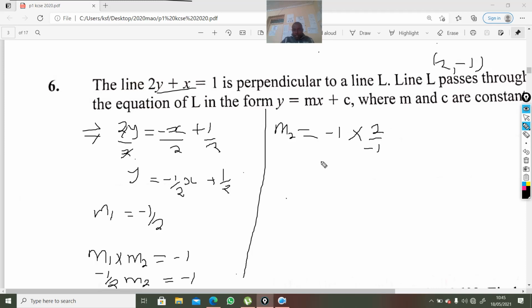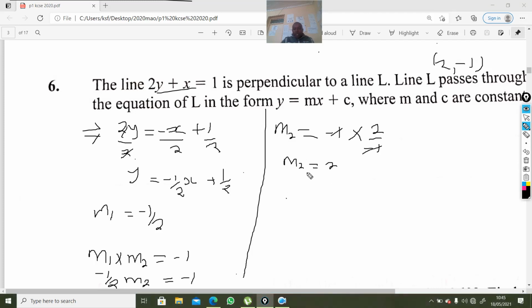The negatives cancel, so m2 equals 2. So 2 is the gradient of the line L.